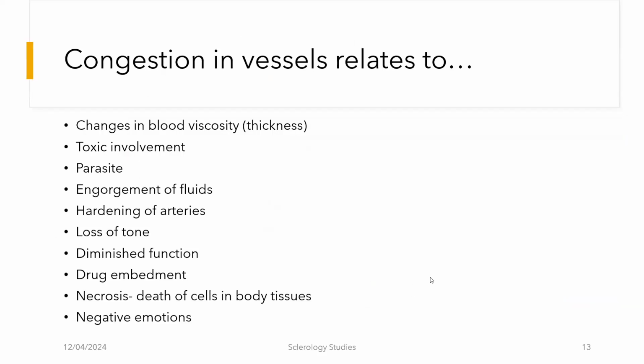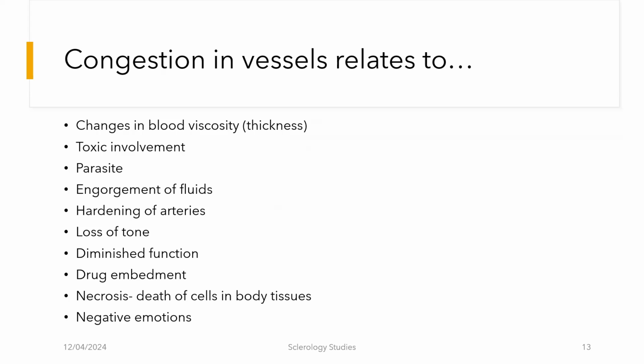Let's talk about congestion, because I said stress leads to congestion. So what is congestion? How do we get congestion? You get congestion from stress. But what does congestion look like? Well, congestion is changes in the blood viscosity, okay?